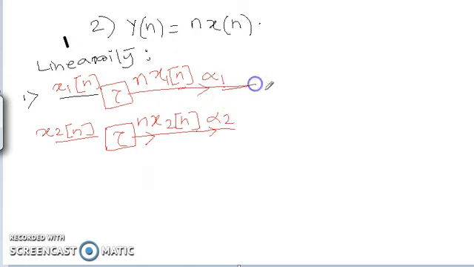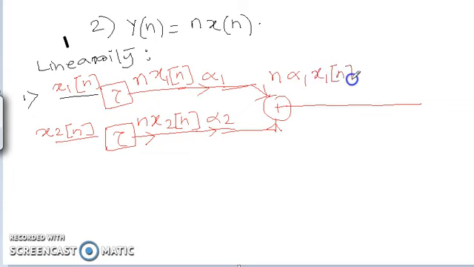Then we sum both of them: alpha 1 n x1[n] plus alpha 2 n x2[n]. So this is equal to y1[n]. This is my y1.